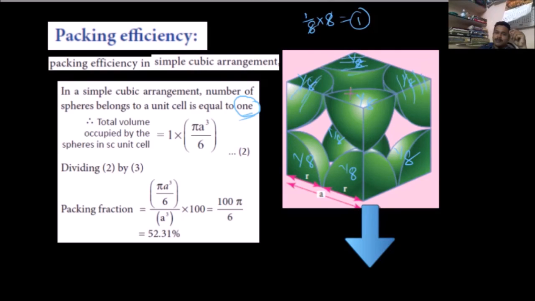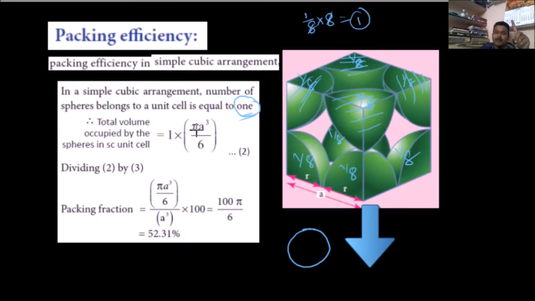All the small corner pieces combined give one big sphere. That is 1. This is the effective number of atoms in a unit cell. You should not say 1, 2, 3, 4, 5, 6, 7, 8 atoms are there in the simple cubic unit cell. You have to say effectively one atom only is there.